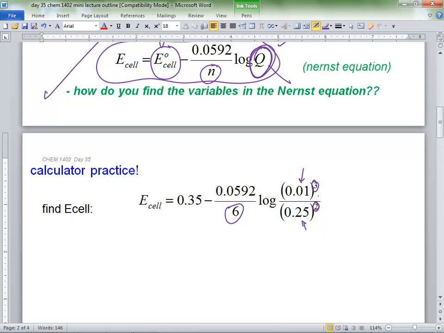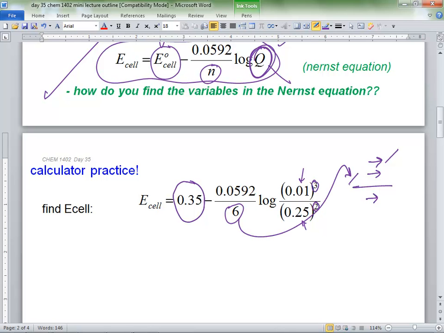That starts with an S. Stoichiometric coefficients, right? But you see where this is all coming from? So you're going to plug all this stuff in. Hey, where did this guy come from? The tables, E0 cell, right? You had to add these guys up. So the electrons that canceled, that was the 6.